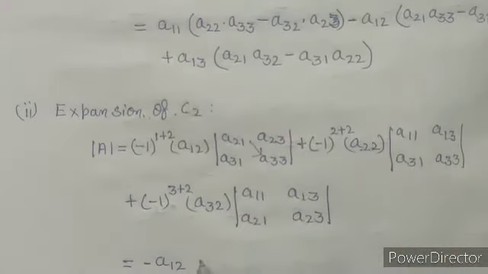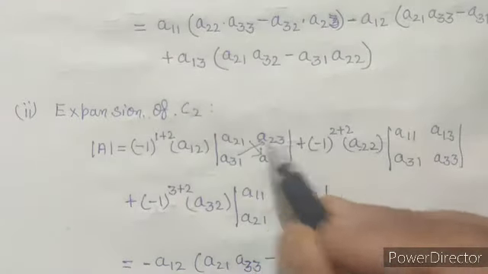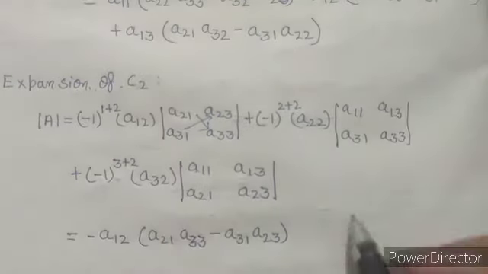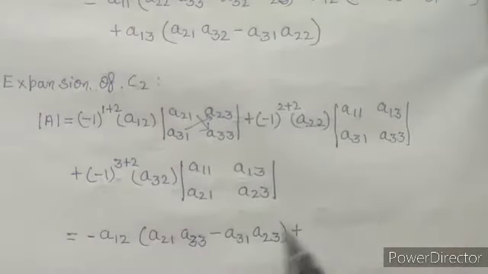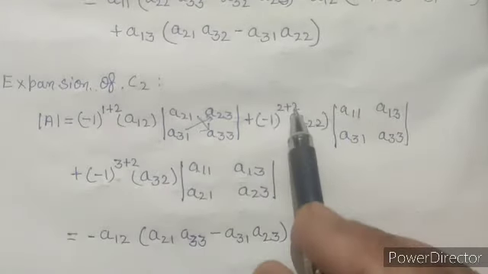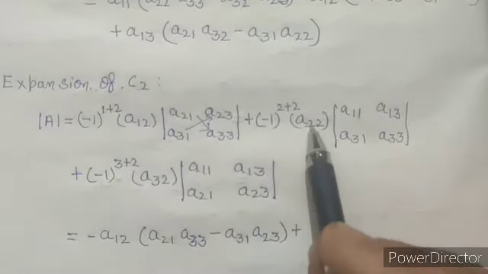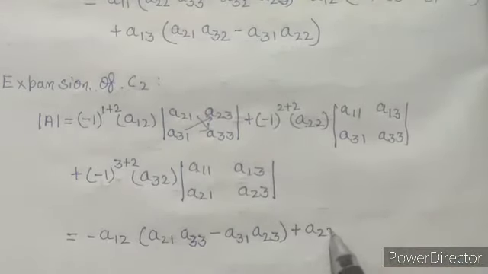So that will give us A21 into A33 minus A31 into A23. Now plus -1 raised to power 2 plus 2 will be equal to -1 raised to power 4, and that will give us 1. So 1 into A22 will be A22 into.